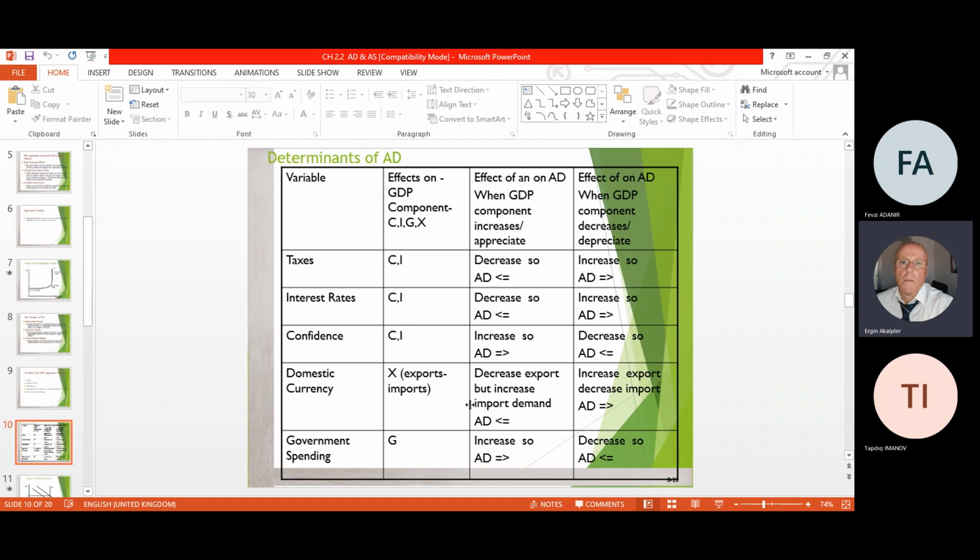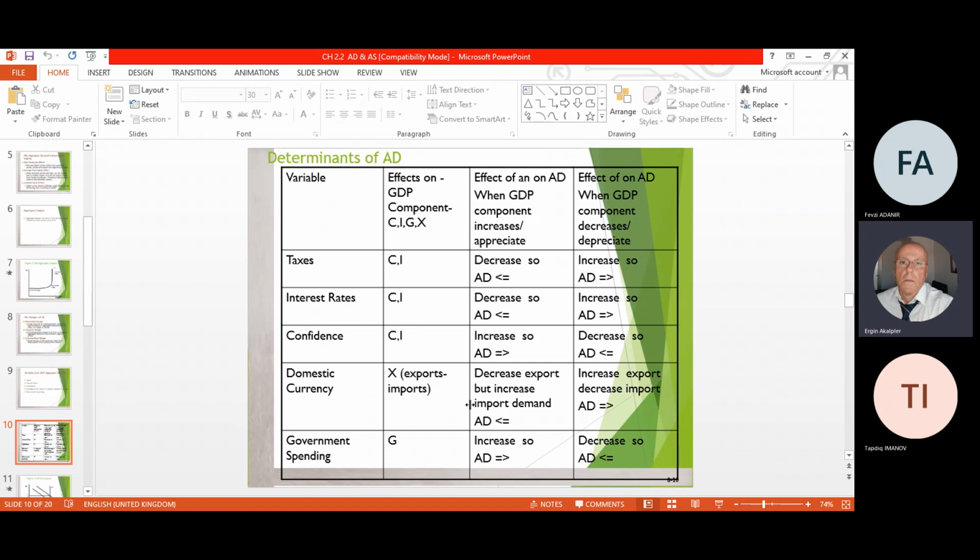When we look at confidence, this will also cause some decrease in the component, and as a result, aggregate demand will become smaller or decrease.